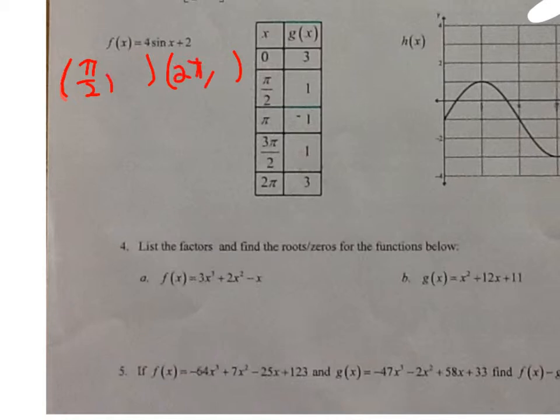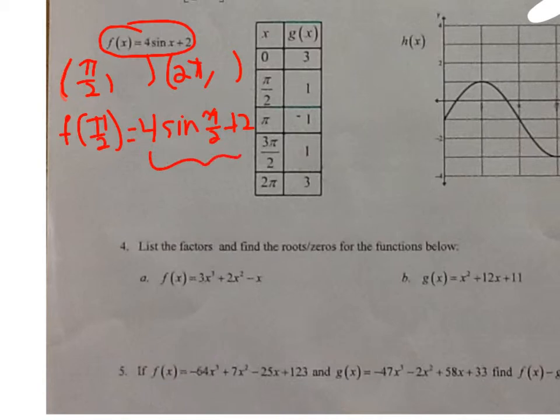So we have to plug the x into the equation and solve for y. So I'm going to start off with f of pi over 2. You're going to leave it in radians. So I have 4 sine pi over 2 plus 2. So put your calculator in radians and plug this into your calculator. And you get 6. So my point is pi over 2 comma 6.